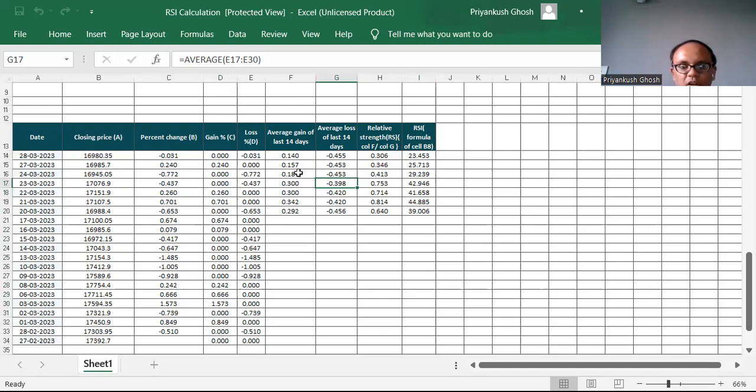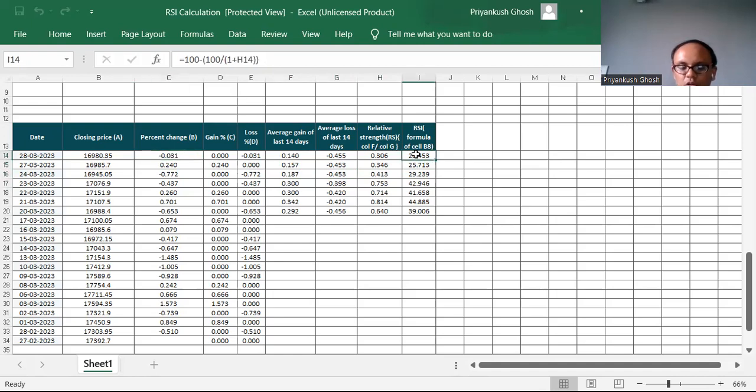So my average gain of last 14 days became only 0.187, but average loss became minus 0.453. Okay, so my relative strength also decreased, and that's why RSI also decreased. So here RSI also decreased to 25, because here again only 0.24%, and then here minus 0.03%.